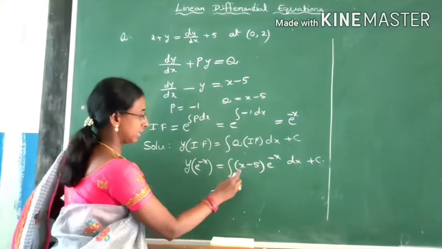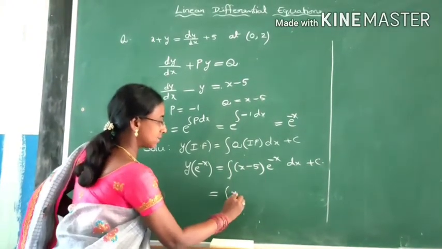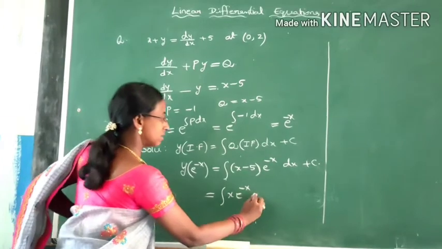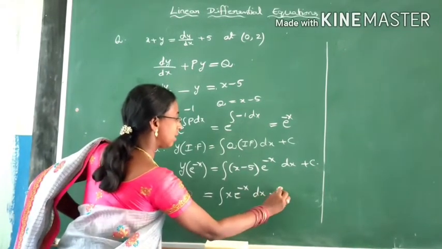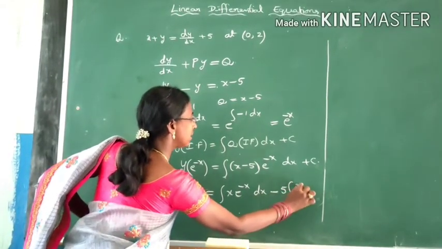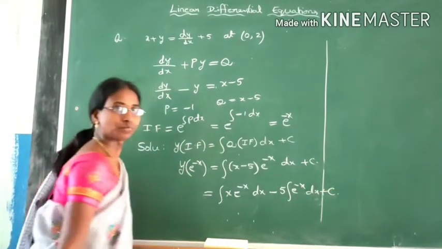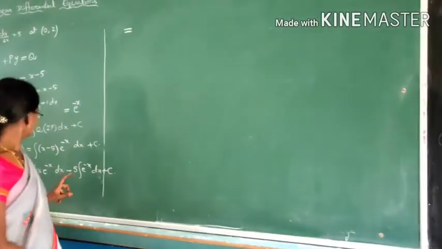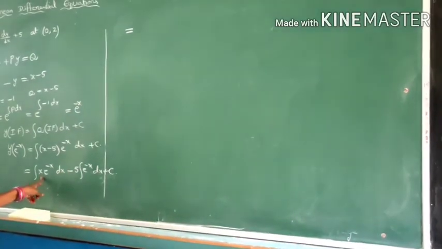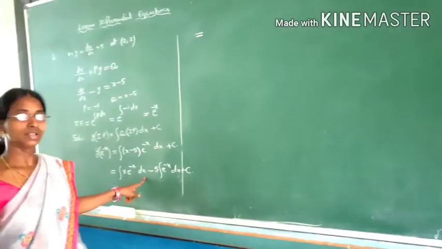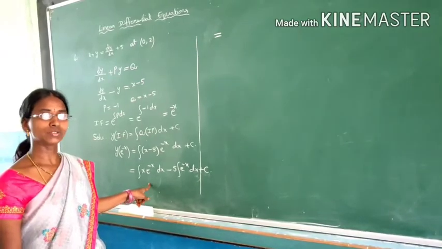Coming to the right hand side, integration of x e power minus x, separate it, the integral minus 5 times the integral of e power minus x dx plus c. Now continuing, the integration of x e power minus x dx. You have to use the formula for the integral of f of x g of x.